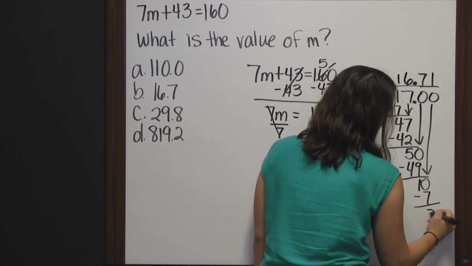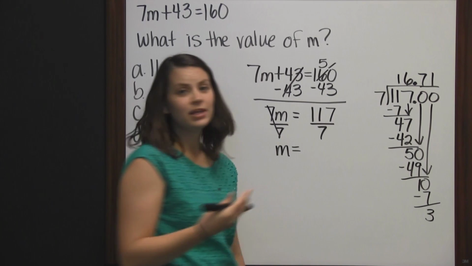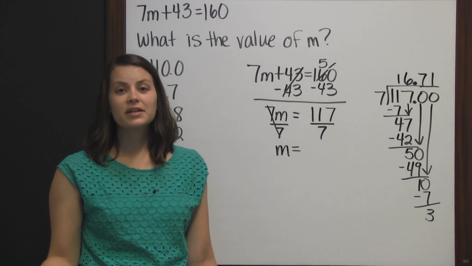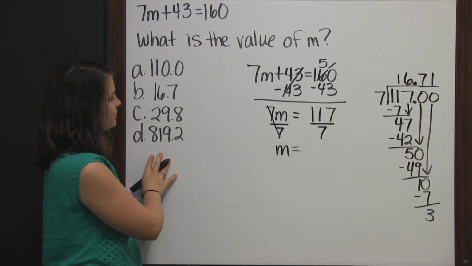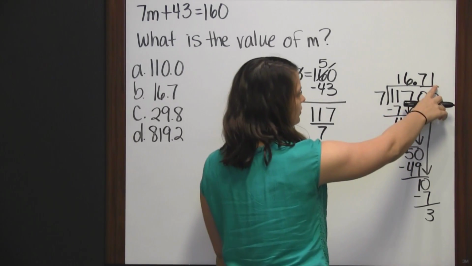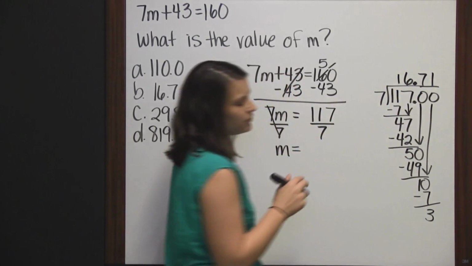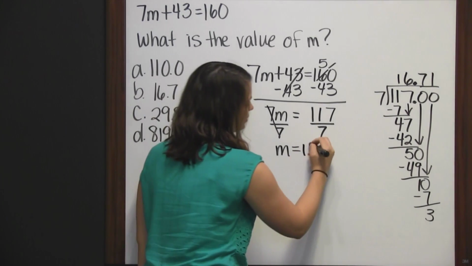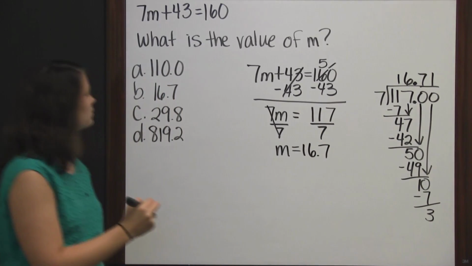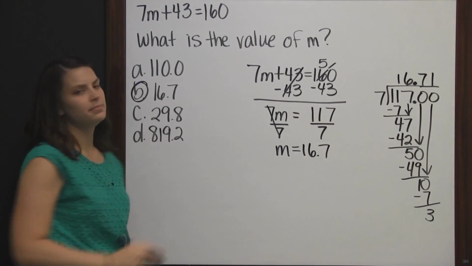We subtract and we get 3. And we could keep going. But really, that's all I need to find my answer. The 1 tells the 7 to stay the same if we're rounding to the tenths place. So our answer is 16 and 7/10, which is answer choice B.